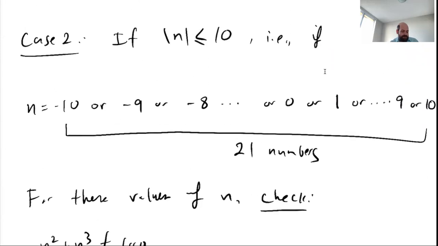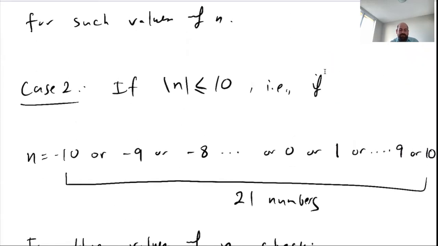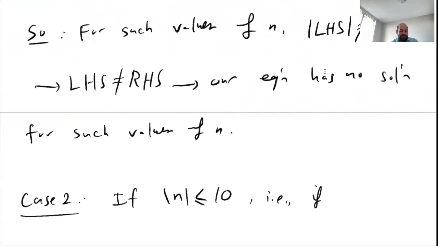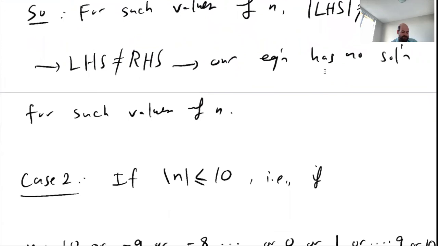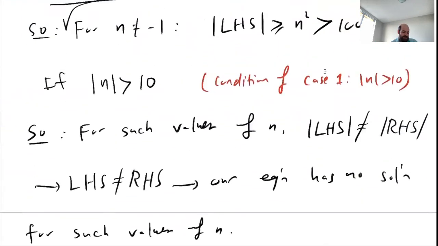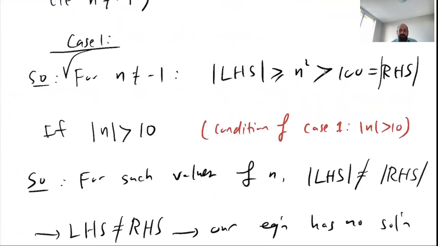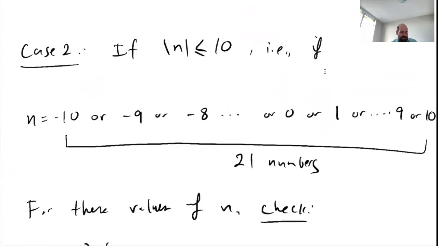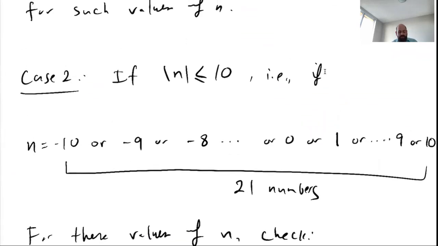So in total, it was more complicated compared to the previous example, where we assumed n is a positive integer. This time we assume n is an integer. So case 1 was the absolute value of a number bigger than 10, case 2 less than or equal to 10. In this one we had 21 numbers, so it's a little bit longer as well. For 21 numbers, you have to check one by one that these are not solutions of our equation.